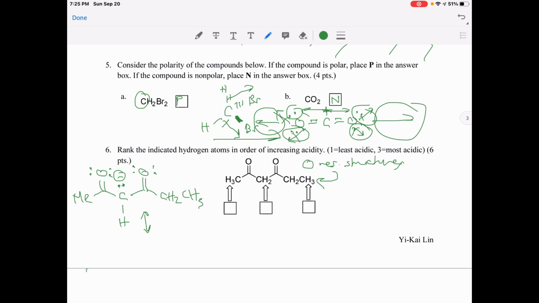What we get, if we move the electrons to the left, is this structure.